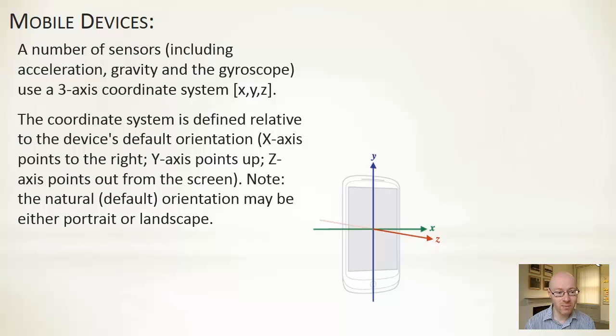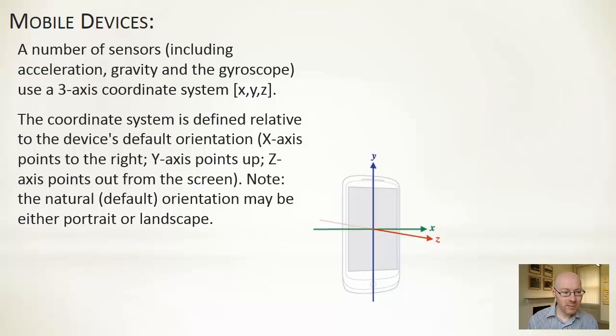For a left-handed system, then positive Z points out from the device towards you, and negative Z points away from the device, or into the device away from you. So that's just a way of defining what an X and a Y and a Z value actually mean relative to that center point on the device.